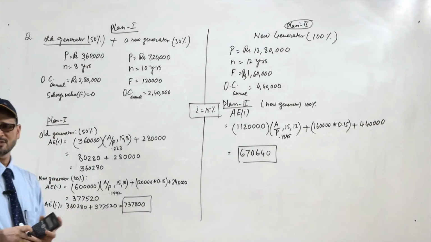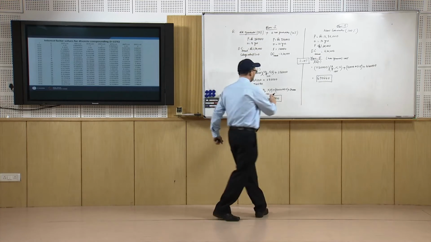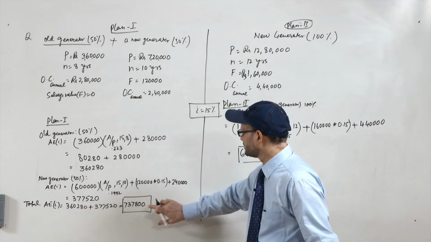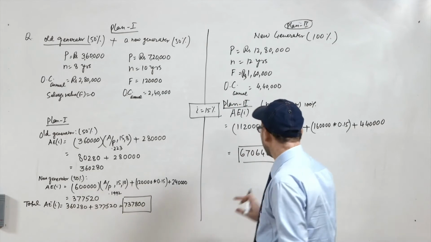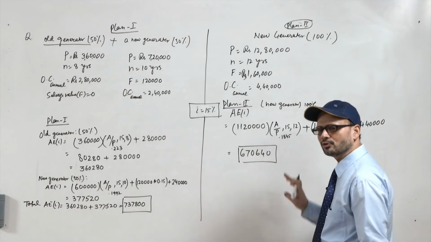Now, what we see is in plan 1 we get the annual equivalent value as 7,37,800, and in the plan 2 we are getting 6,70,640.